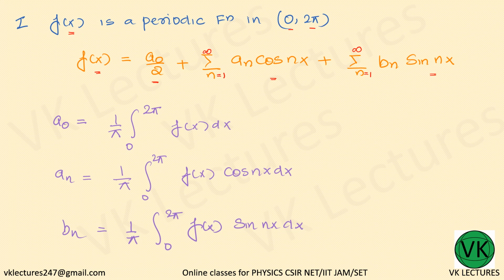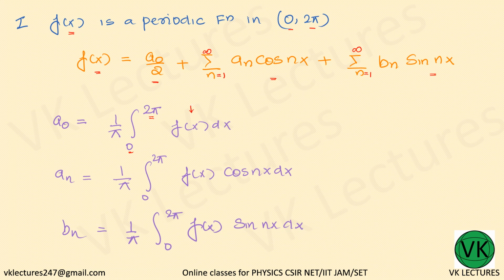Now what are a naught, an and bn? a naught equals 1 by pi integral, these are the limits, from 0 to 2 pi of f of x dx. This is the function f of x.